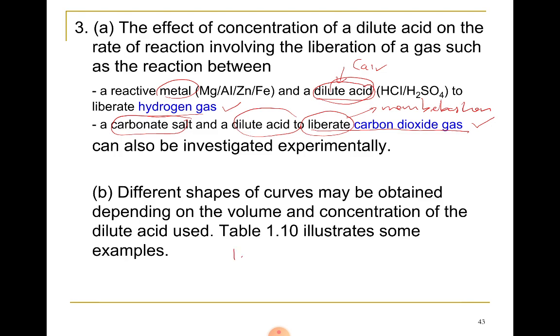Yang pertama, katakan kita punya acid 15 cm3 and then concentration 0.2 mol dm^-3. Okay, yang kedua pula kita ada 100 cm3 0.1 mol dm^-3.